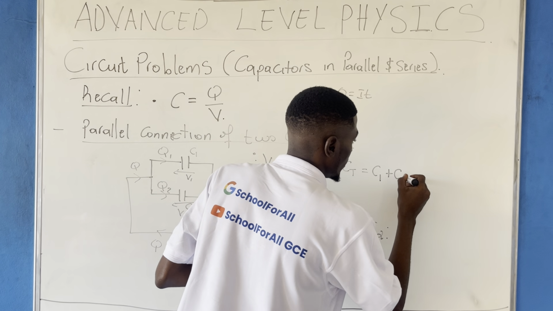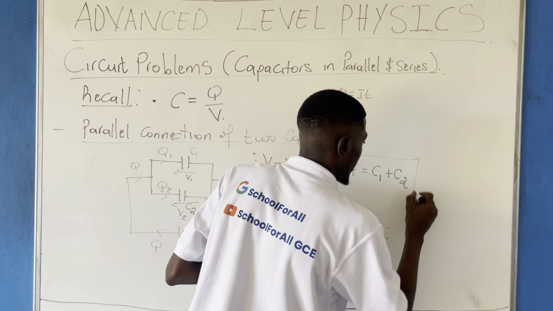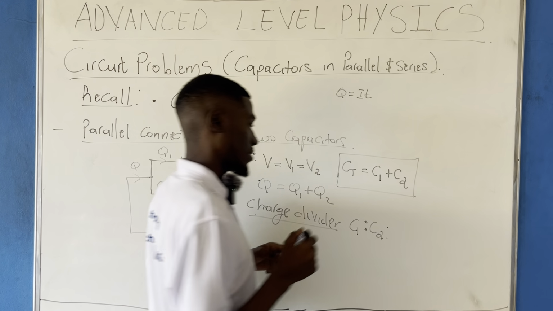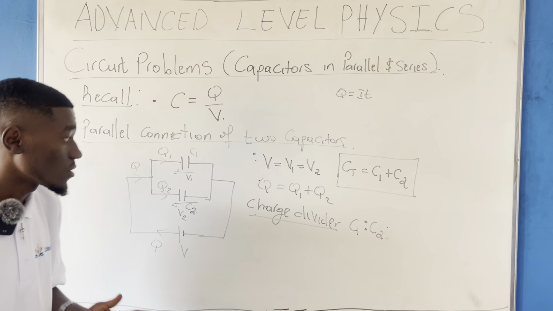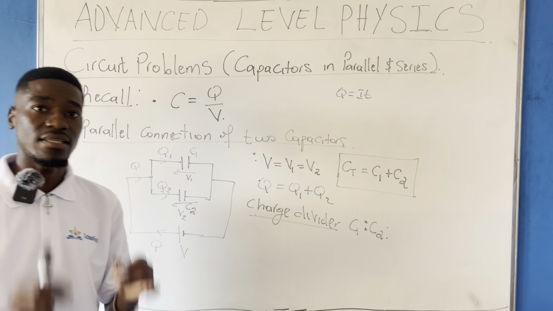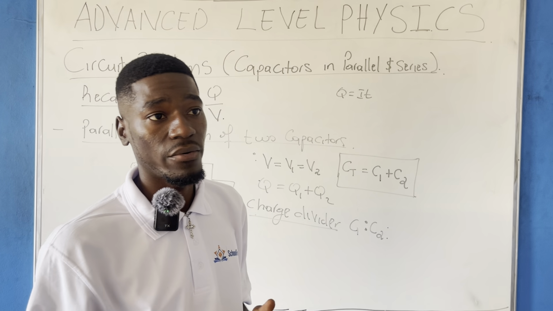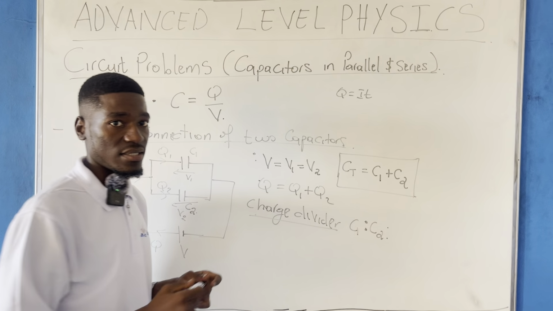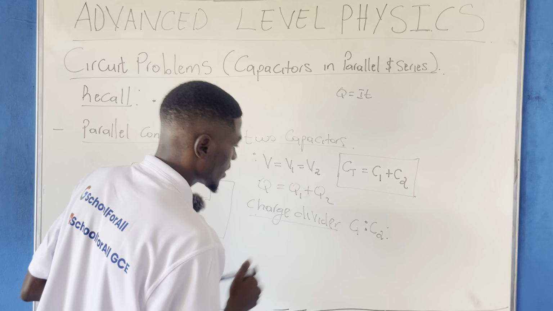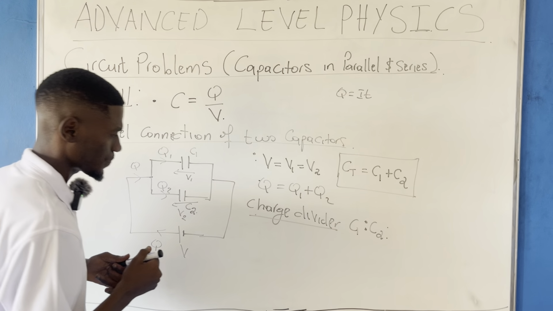C1 plus C2, sum of the capacitances. So C total here for capacitors in parallel is exactly the same as for resistors in series. So C total here is C1 plus C2.